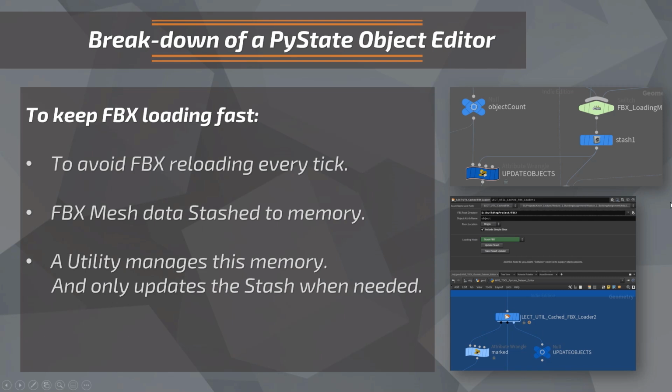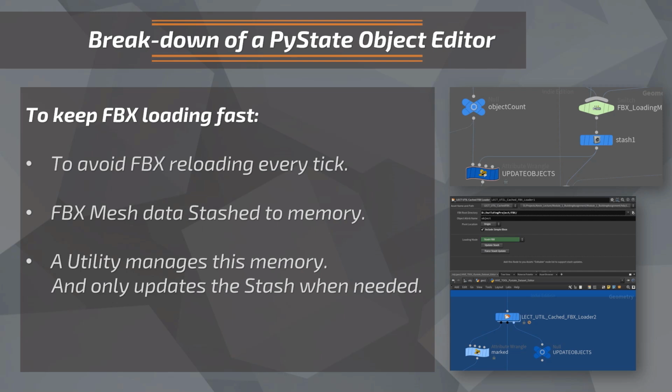Now the last thing I just want to explain is how we can keep our tool working fast when we are dealing with FBX files. Because loading FBX files, especially if you have a lot of them and a lot of variety of them, is going to get heavy. In this tool, I actually created a cache loader that has a standard FBX file loading loop, just a for each loop that loads an FBX file for every single unique object.